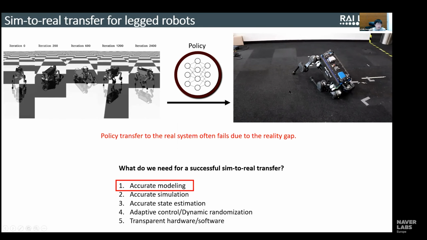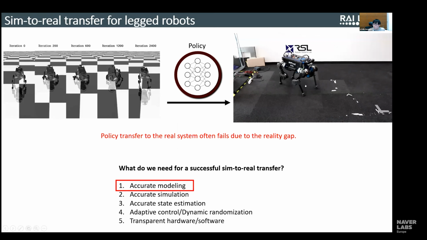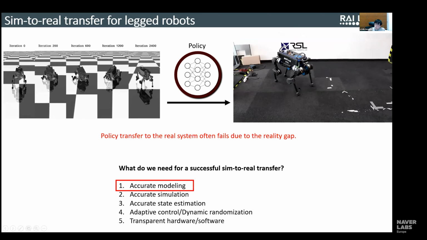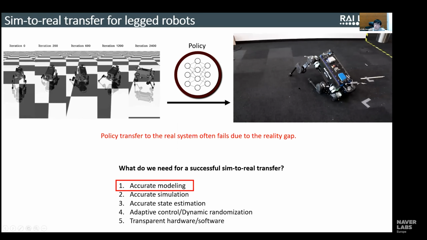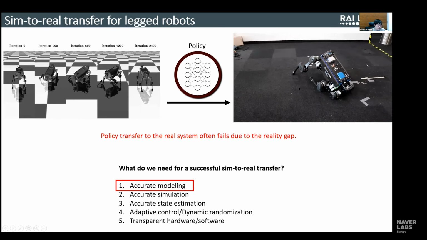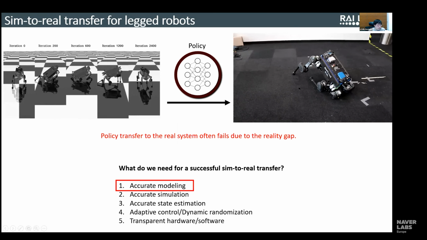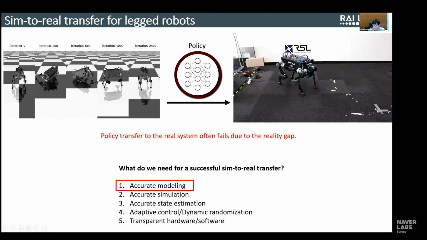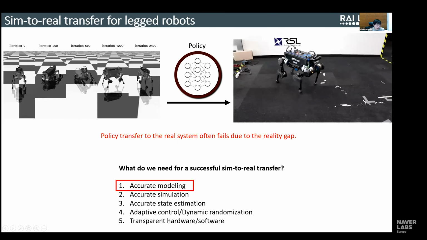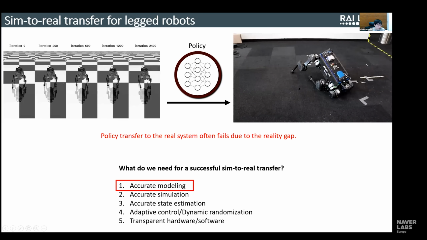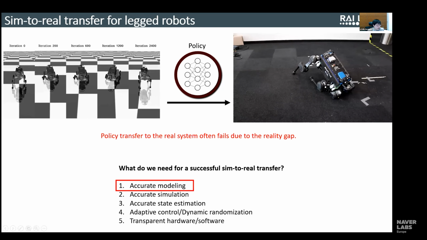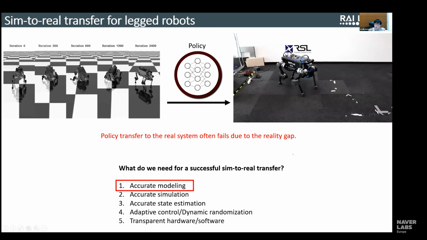For each link, we measure the weight. The inertia is hard to measure, but we estimate it as best as we can. The lengths are given by the CAD model, so they are pretty accurate. That's what we did, but it's still not good.